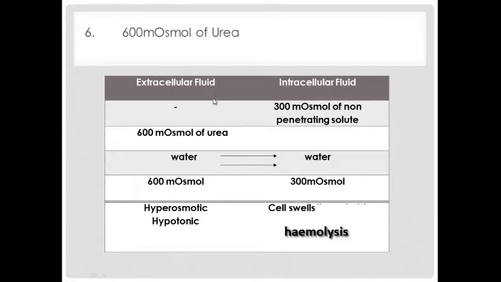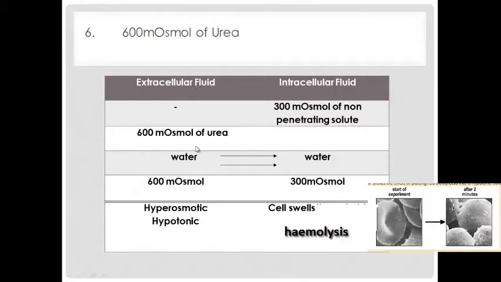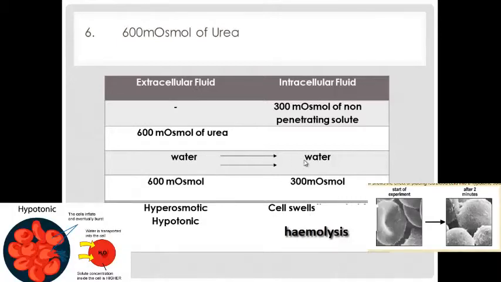But the extracellular fluid doesn't have the non-penetrating solute, whereas the intracellular fluid has 300 mL more of the non-penetrating solute, so the tonicity of the intracellular fluid is higher than the extracellular fluid, which causes a hypotonic condition. The cell will swell due to water from the extracellular fluid moving into the intracellular fluid, hemolysis will occur, and the solution in test tube 6 will become red.